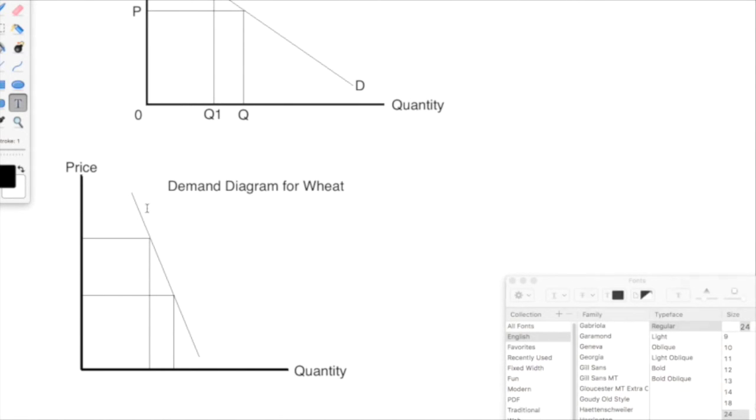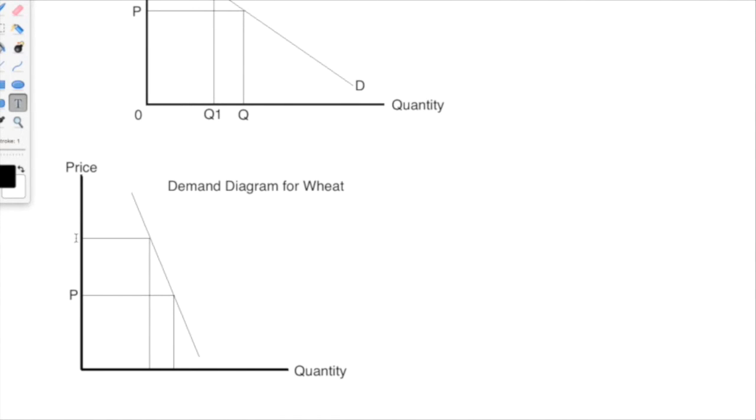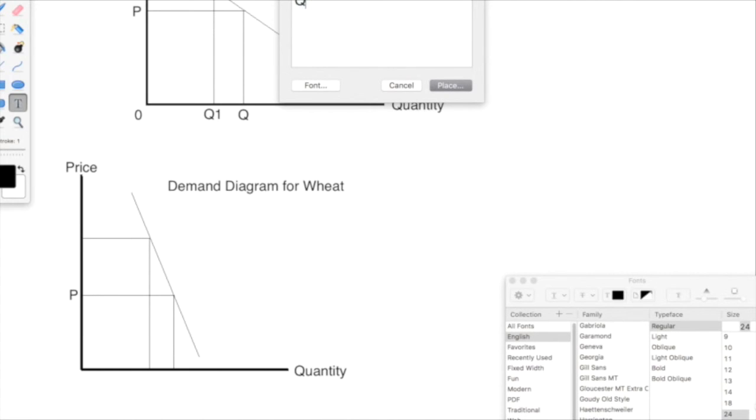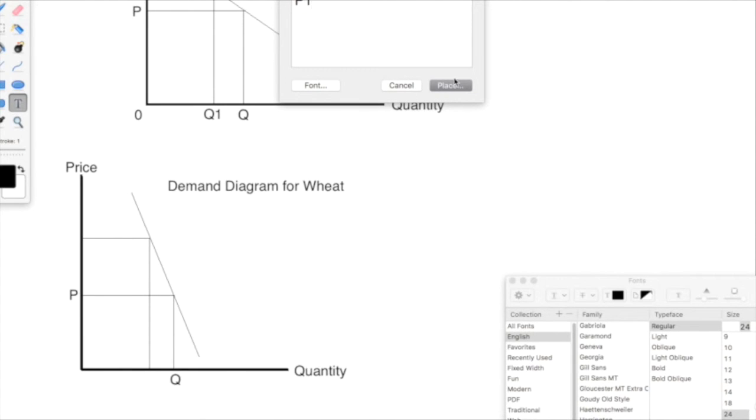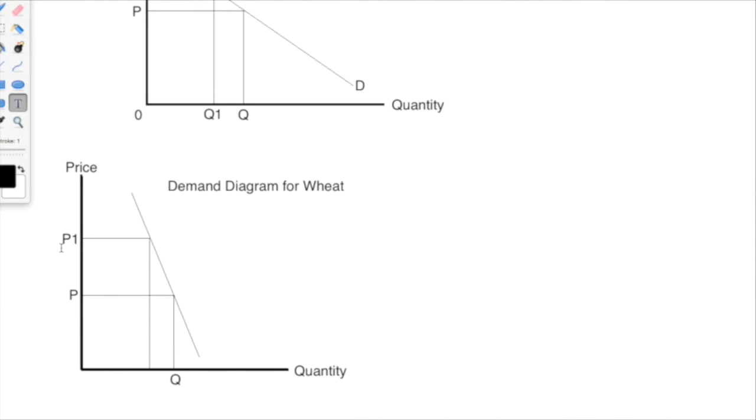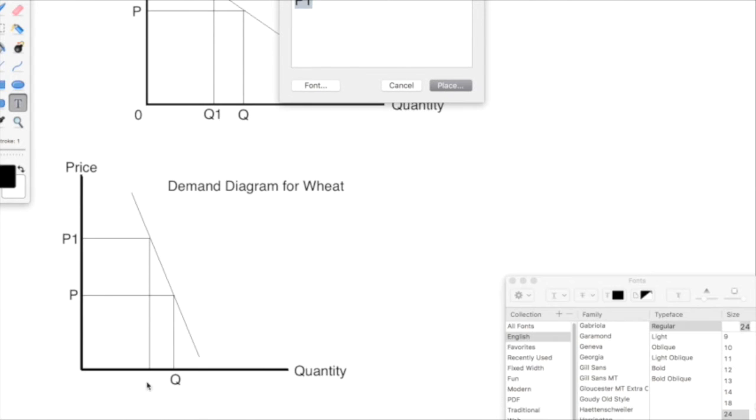Okay, let's take P. That will give us Q units, and P1 and Q1.